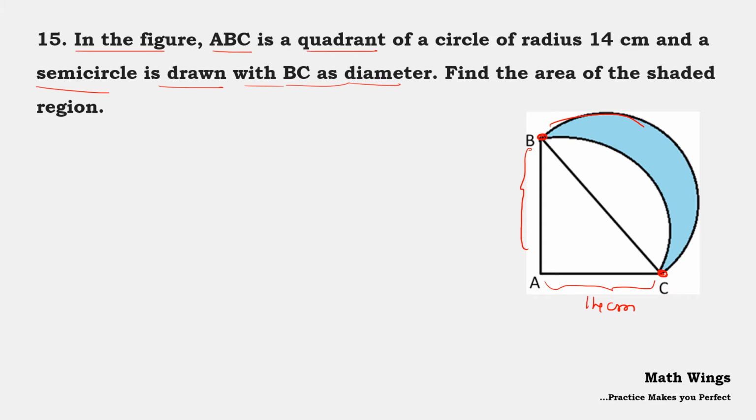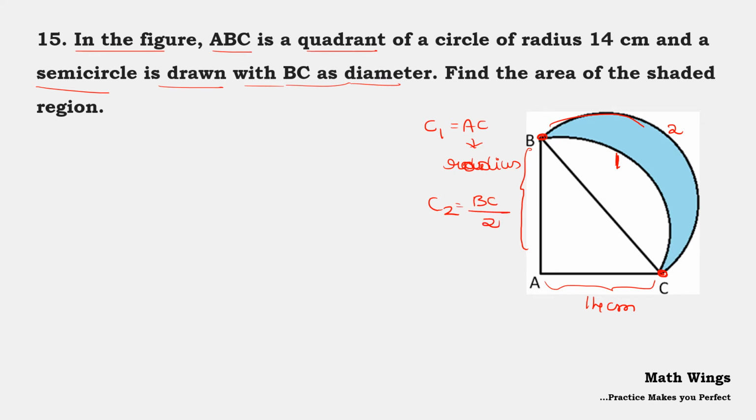So we have two arcs here, arc 1 and arc 2. For arc 1, or for circle 1, AC is the radius, and for circle 2, the radius is BC divided by 2, correct?